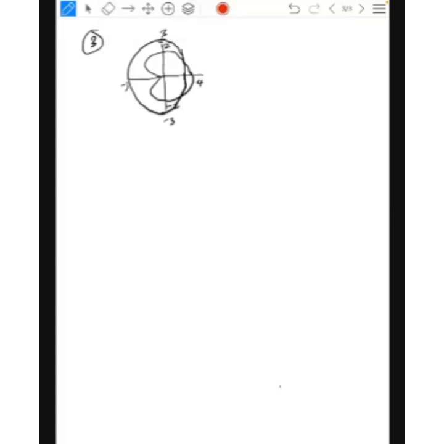Okay, so the area of the region inside the quadrant and outside the circle is actually this one. Inside the quadrant but outside the circle. So you have to find the theta here and then the theta here.